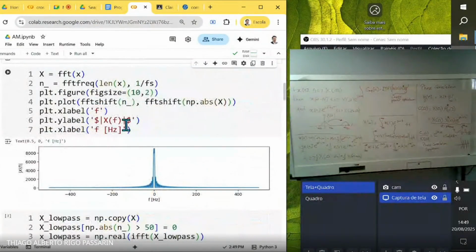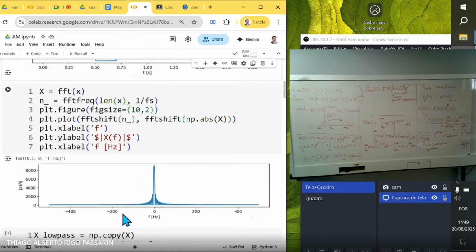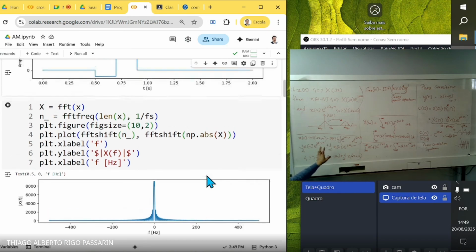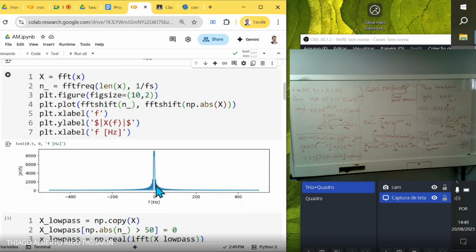Notice that this signal has an infinite spectrum because it has these discontinuities. So the spectrum is very large. In order to make this work, let's create a frequency limited version of this signal.